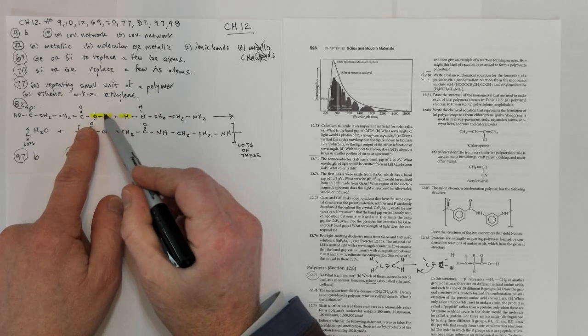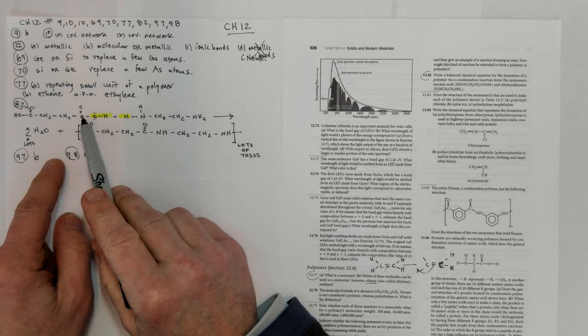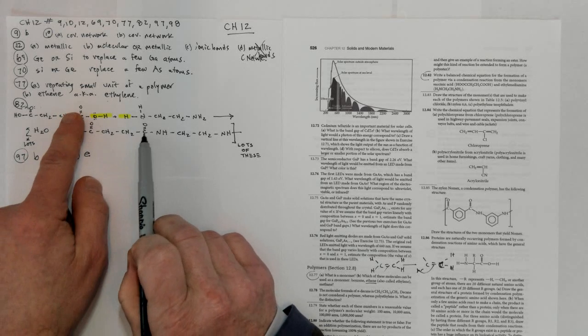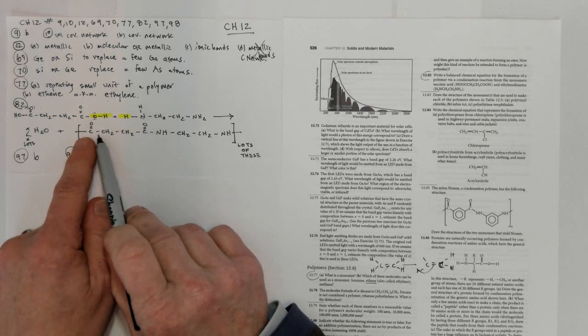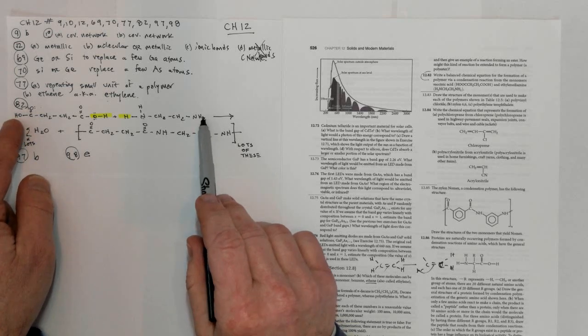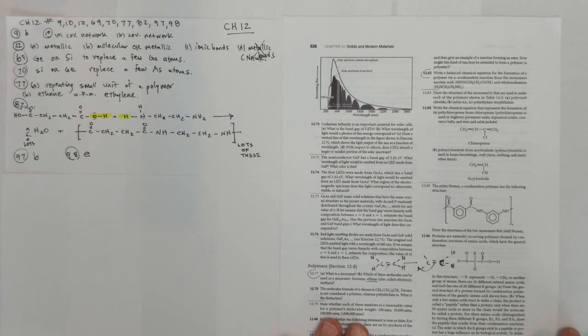This H and this OH would go and they would form H2O. And then the C would bond with the N right here, and you'd end up with this C double bond O, N, H linkage right here, and it would make lots of these in a row, because you see on each end right here, it could do that again and again and again. So there's the equation.